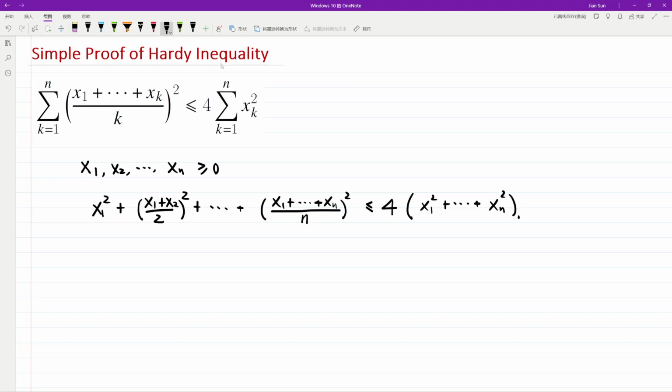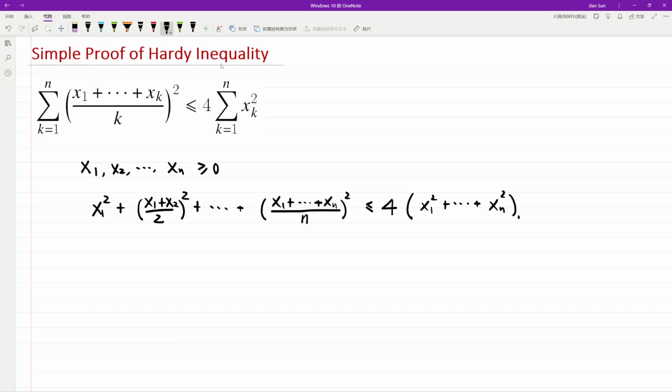This inequality is hard in the sense that x1, x2, all the way to xn are not symmetric. You cannot just replace x1 by x2, you cannot rotate them, and you cannot switch any of them. I think that is the hard part of this inequality.